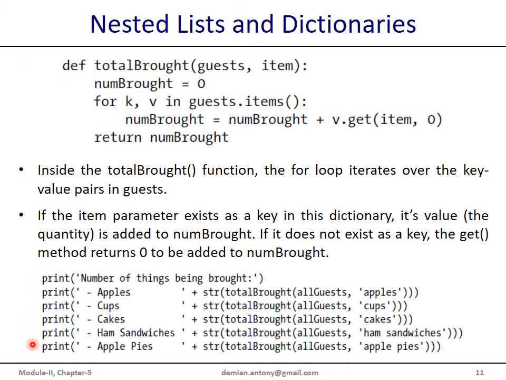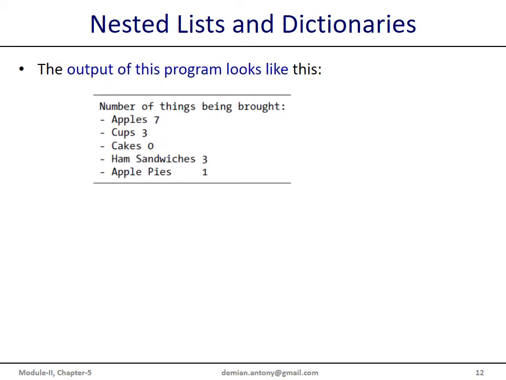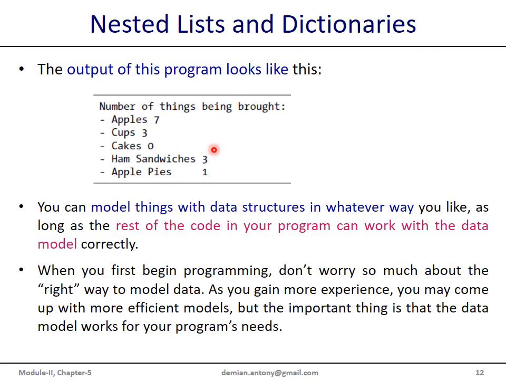And here is the main program, which gives the total count of apples, how many cups are available, how many cakes, sandwiches, etc. And finally, the output of these print statements will be like this: apples total count 7, cups 7, cakes 0, etc.